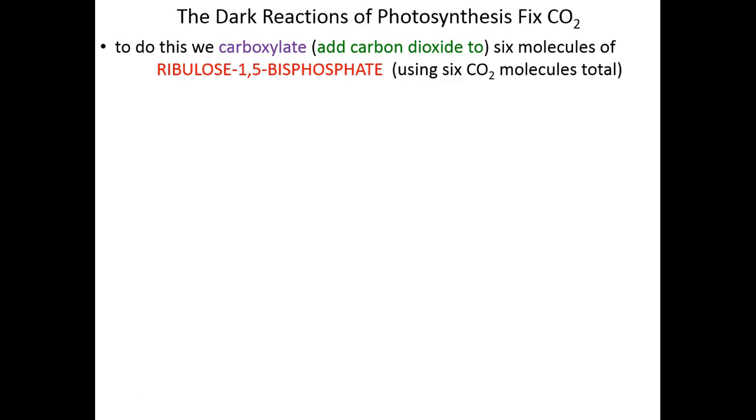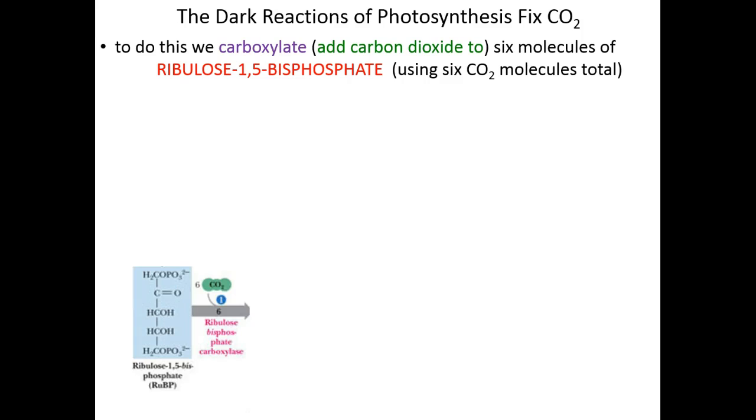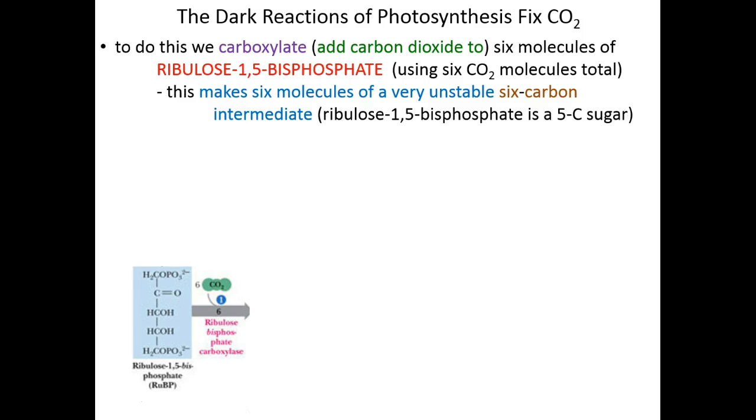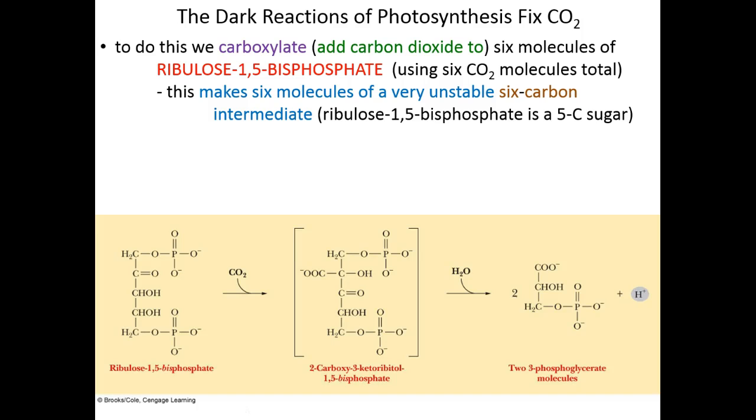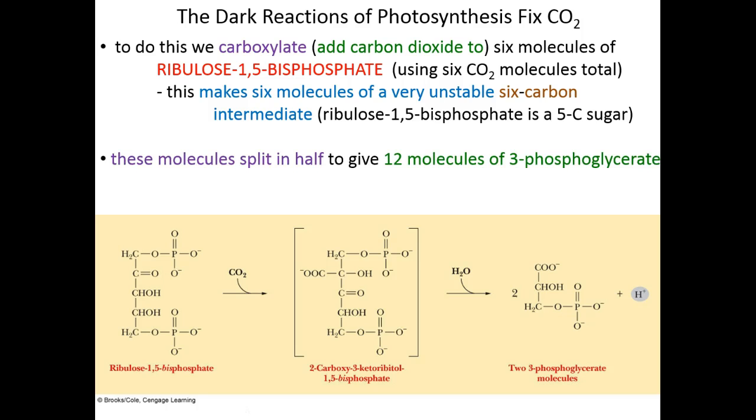So we're going to absorb 6 different carbon dioxide molecules and add them each one at a time to 6 different ribulose 1,5-bisphosphates. And we're going to turn 5-carbon ribulose 1,5-bisphosphate into a 6-carbon molecule. So that's going to make 6 different intermediates of this 6-carbon molecule, and this intermediate is very, very unstable. And it spontaneously collapses, it spontaneously hydrolyzes into 3-phosphoglycerate.